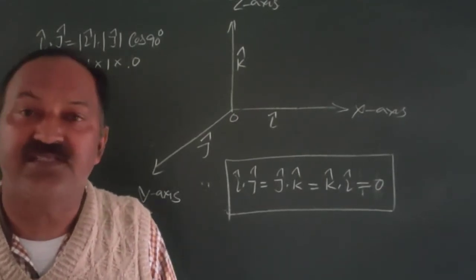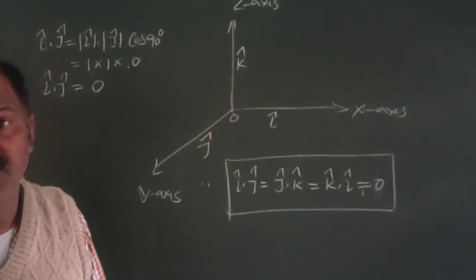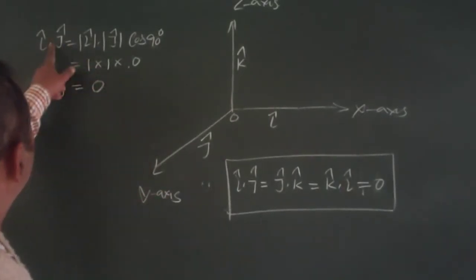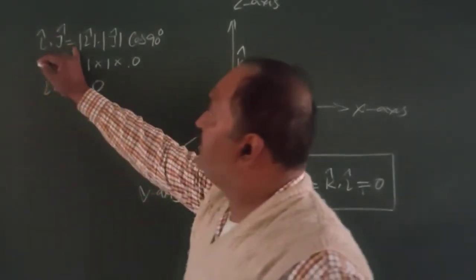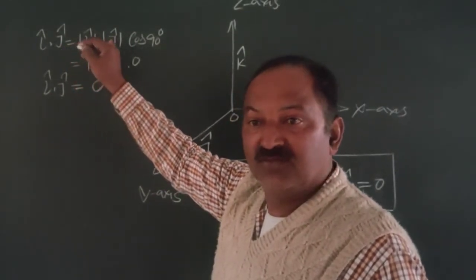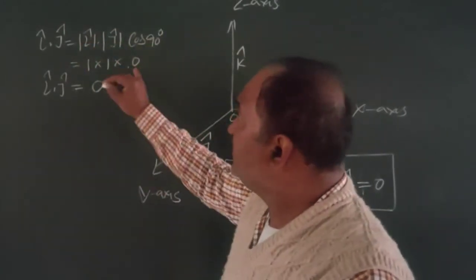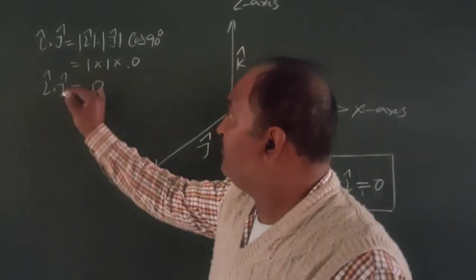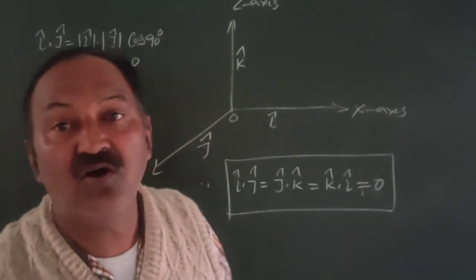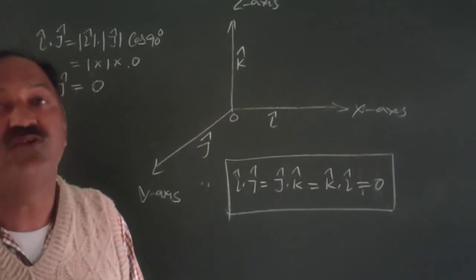Because these x, y and z axes are mutually perpendicular to each other, the angle between them will be 90 degrees. Hence i dot j will be equal to the magnitude of i cap into the magnitude of j cap into cos of 90 degrees, and cos 90 is 0. Hence it becomes 0. i dot j is equal to 0, not 0 vector, because the scalar product is a scalar quantity. It is not a vector quantity.